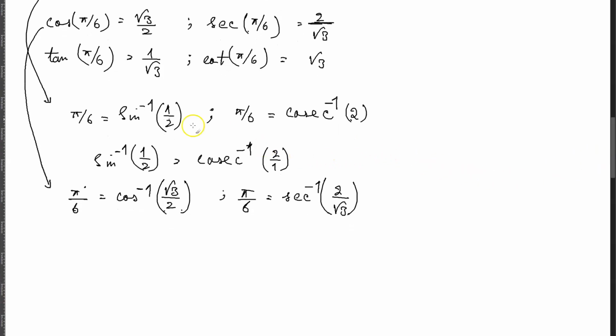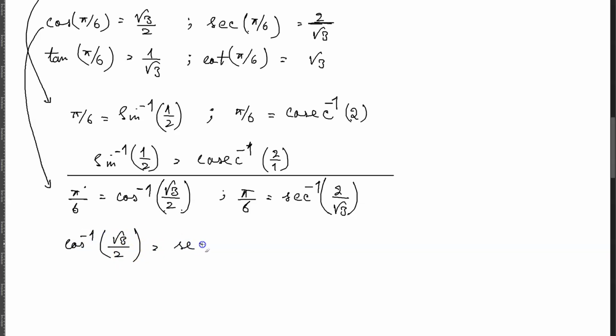So that means that the cos inverse of square root of 3 by 2 is the same thing as secant inverse of 2 over square root of 3.